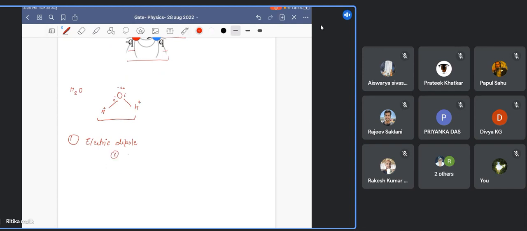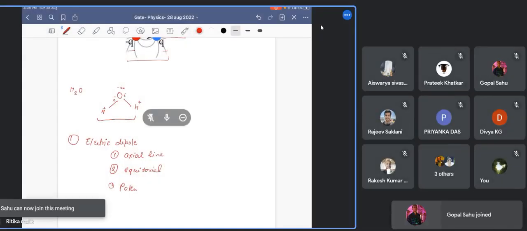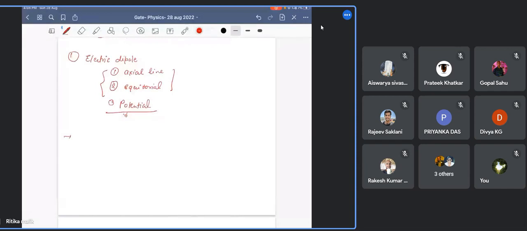So we have cases like the electric field on the axial line of the dipole, the electric field on the equatorial line of the dipole, or the electrostatic potential due to the electric dipole.